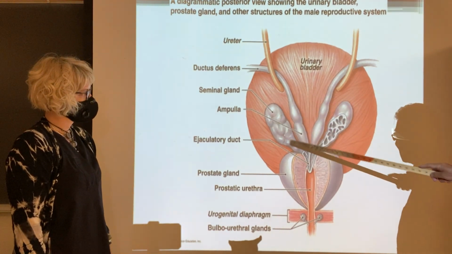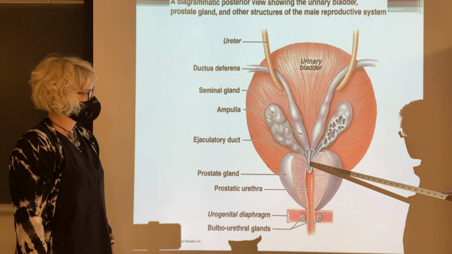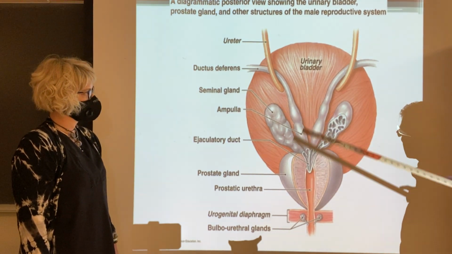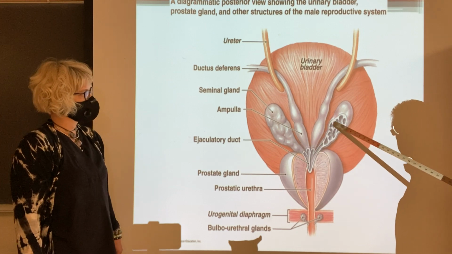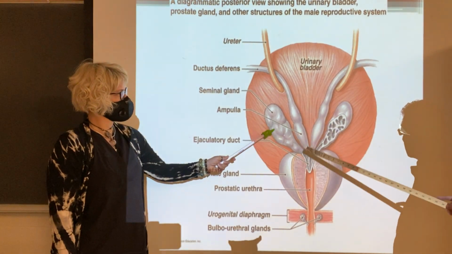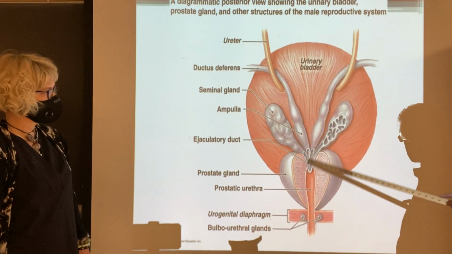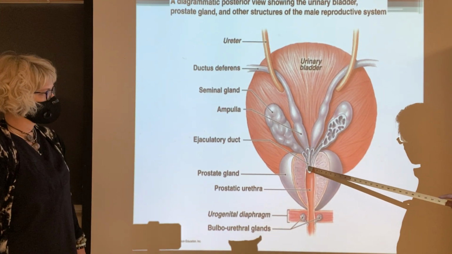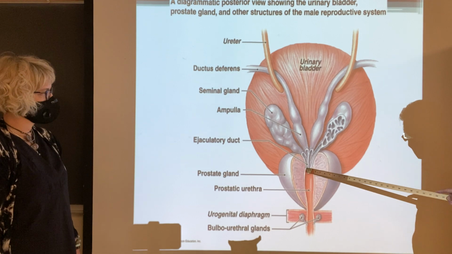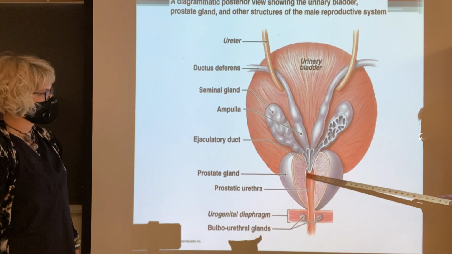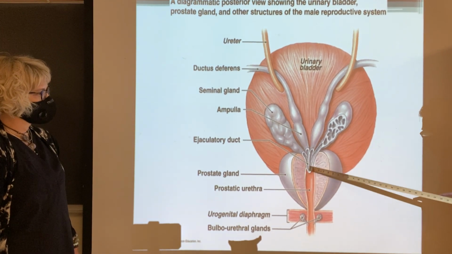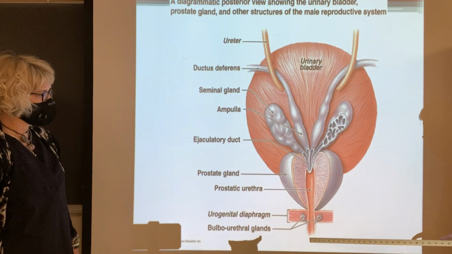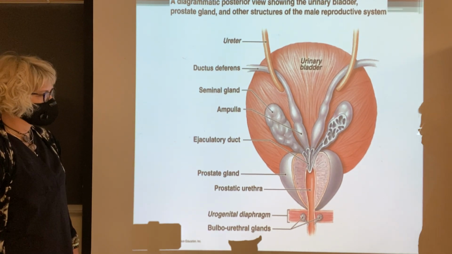Here we see the ejaculatory duct via the ampulla of the ductus deferens and the duct of the seminal vesicle. Once all of these combine, they form a single ejaculatory duct that goes through the prostatic urethra and ultimately into the membranous urethra.